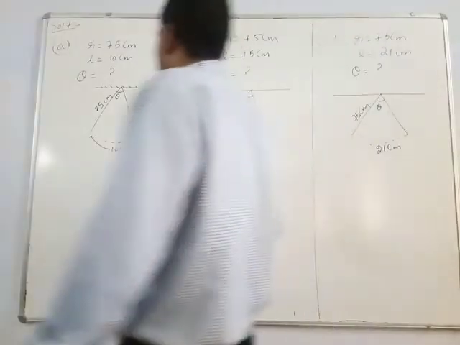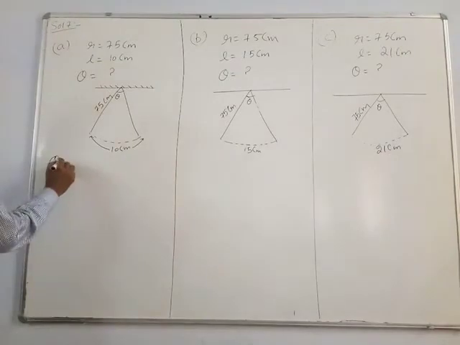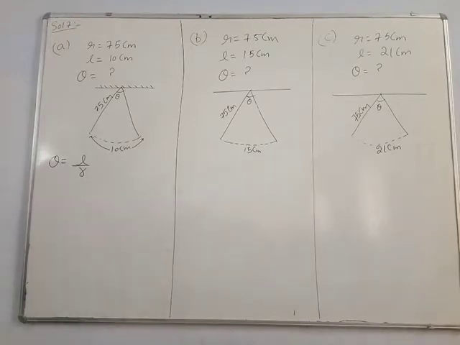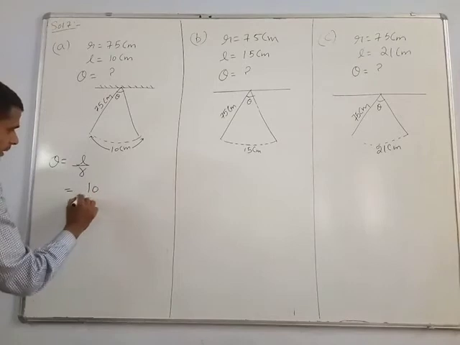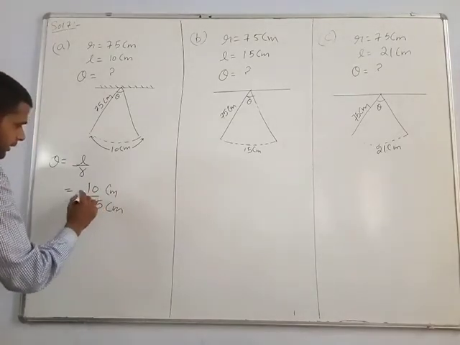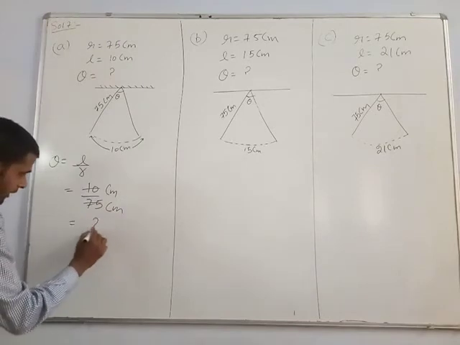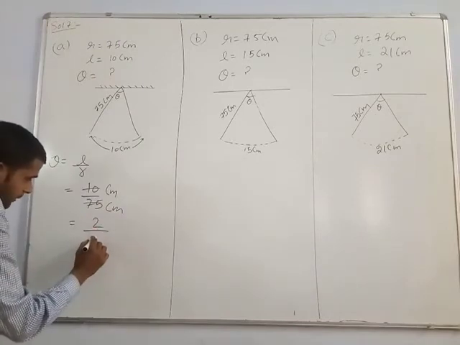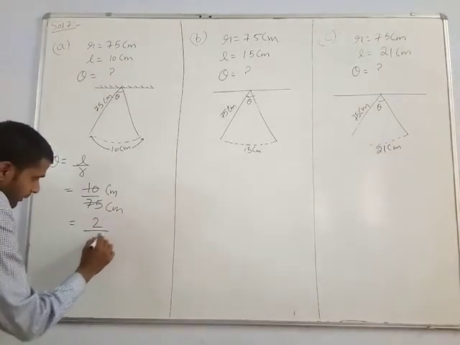So theta equal to L upon R. L is 10 in the first part, R is 75 centimeters. So 5 twos are 10, 5 fives are 25, 5 fifteens are 75.